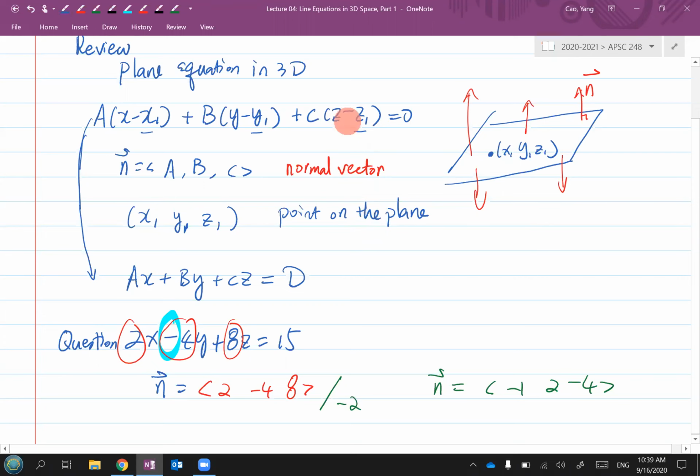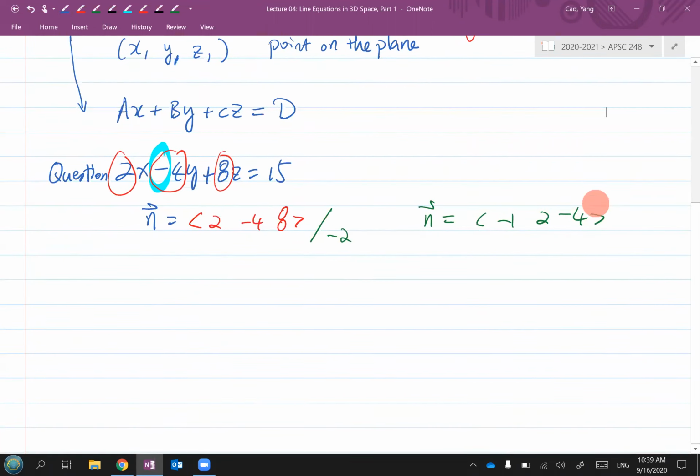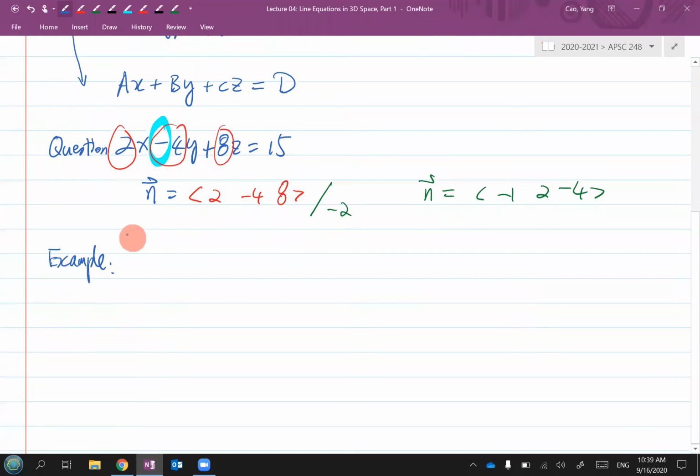So let's look at one more example here, okay? And then I'll give you ample opportunity to practice these things from your assignments and some additional exercises. Now this question is from a slightly different perspective.